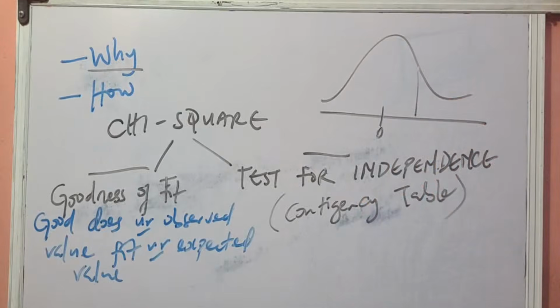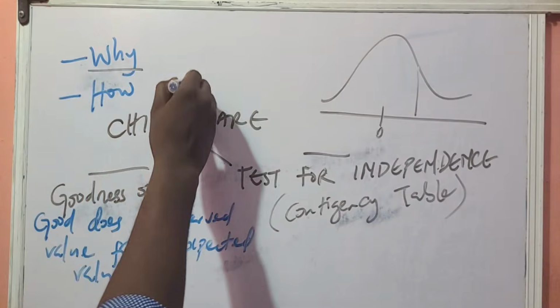Now, there's a difference between chi-square and Z test or T test. Chi-square is not a symmetric distribution. Chi-square is a right-skewed distribution. One of the major things you need to note: chi-square is right-skewed.